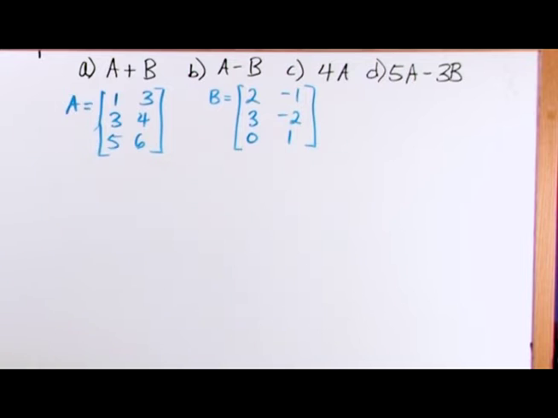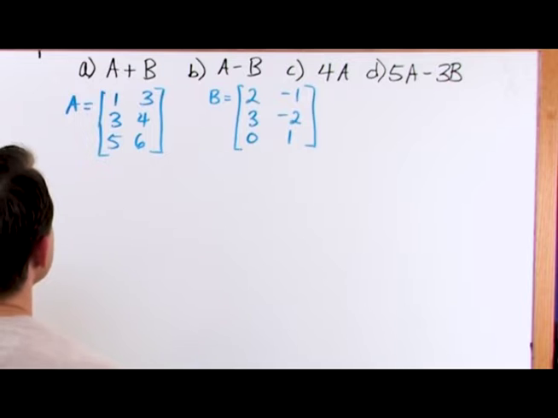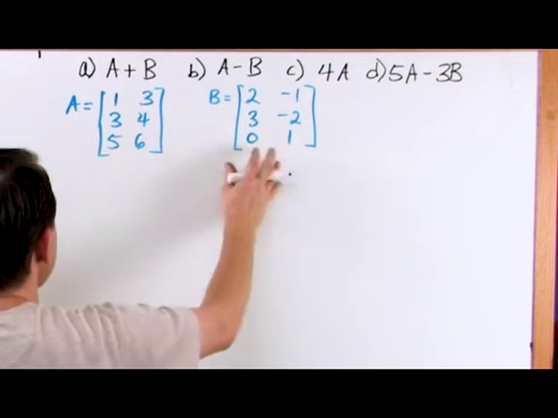The first thing you need to notice right away is that these matrices have the same order, so you can add and subtract them. You can only add and subtract them if they have the same number of rows and the same number of columns, and these matrices look exactly the same.